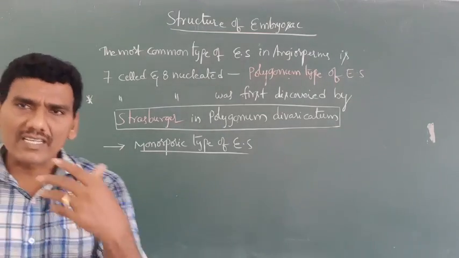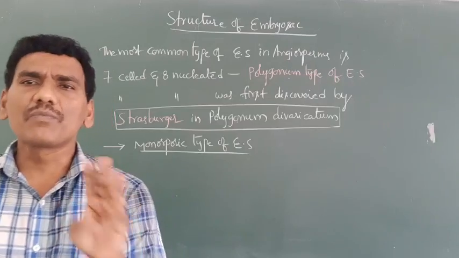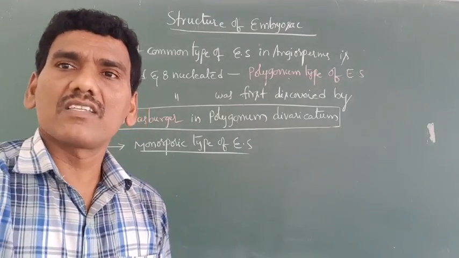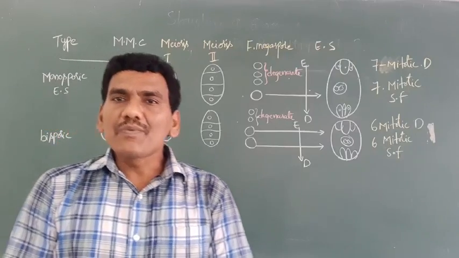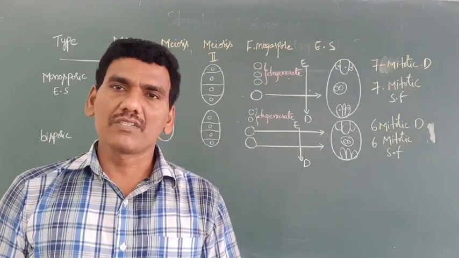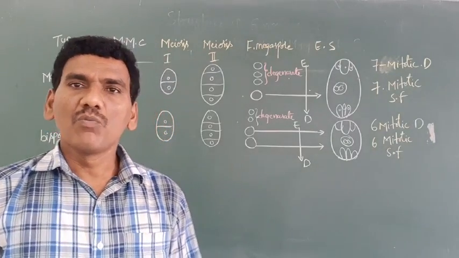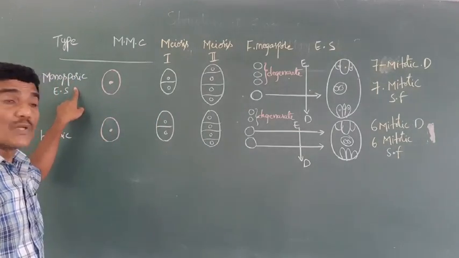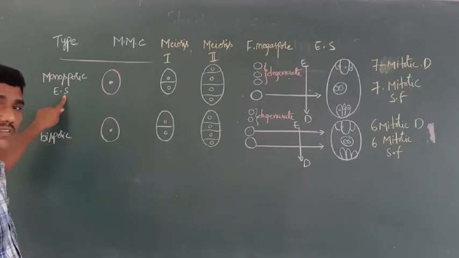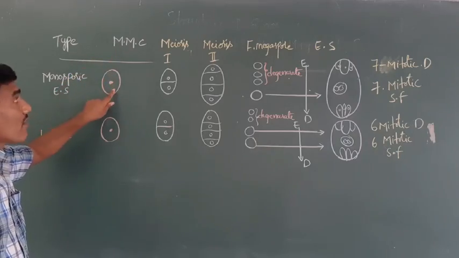Now, we will discuss the 3 different types of embryo sacs. The first one is the monosporic type of embryo sac. This is the megaspore mother cell.